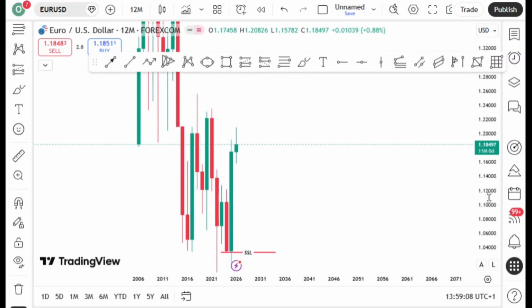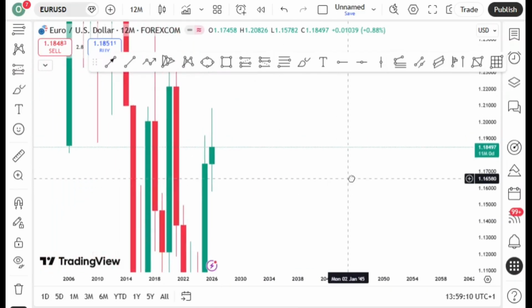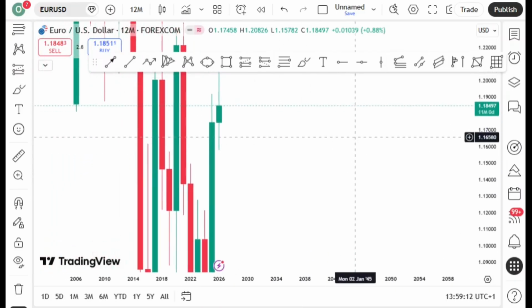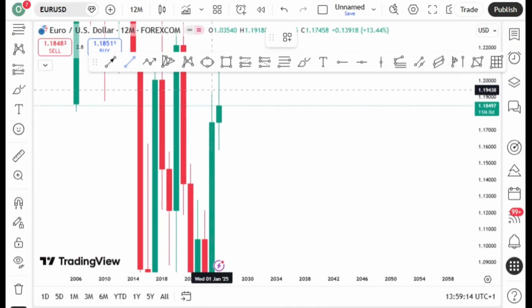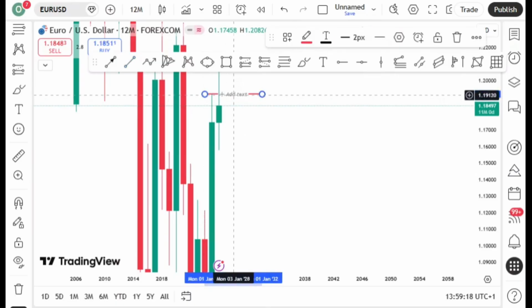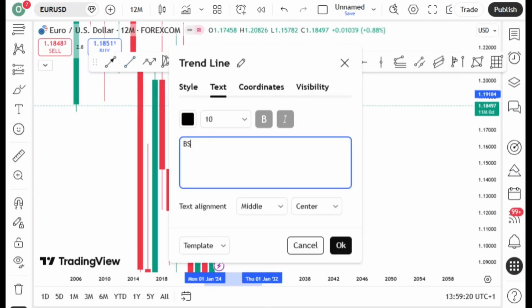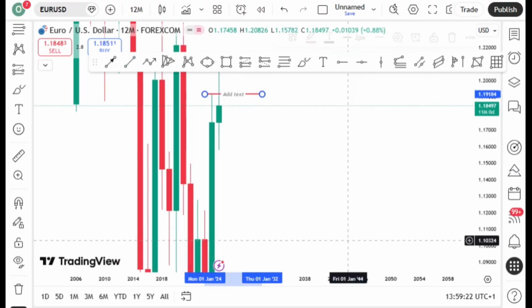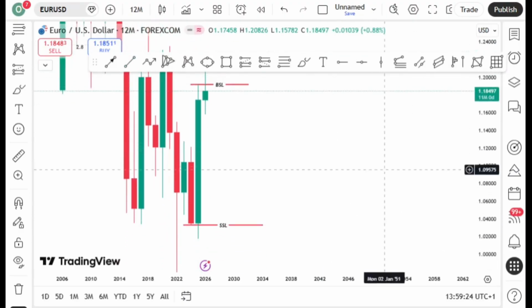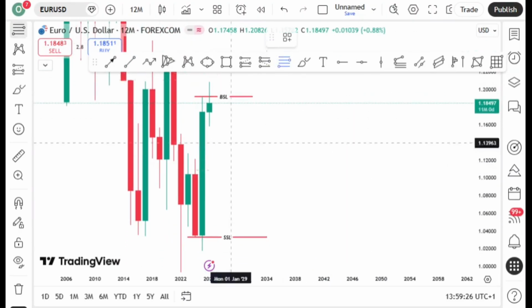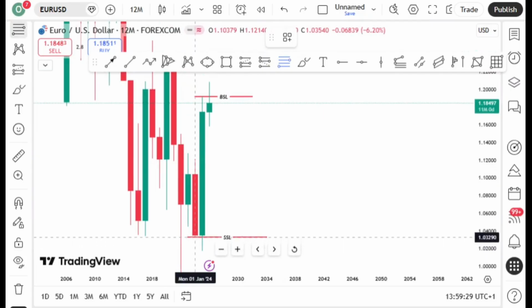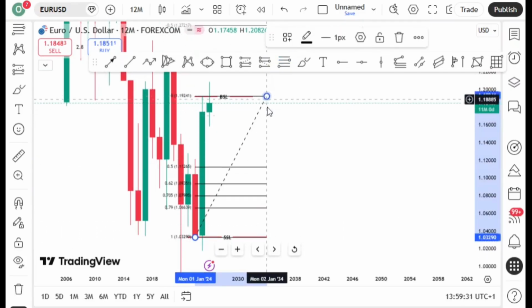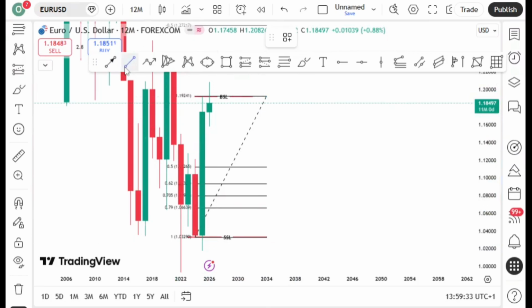But currently, since I'm looking to short my positions on EU, I'll be picking up here. A buy side liquidity has been created already. And if you know the rule, how I pick up my entries from swing low to high, I'll be targeting 50% for my take profit one.